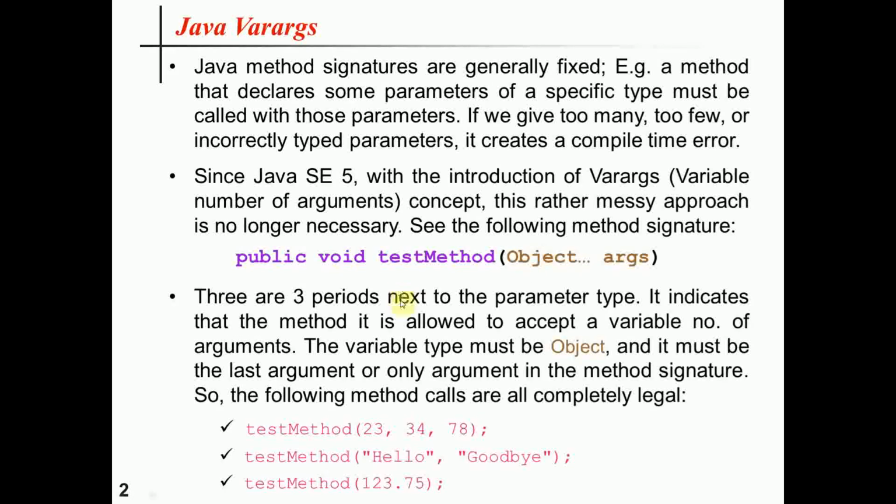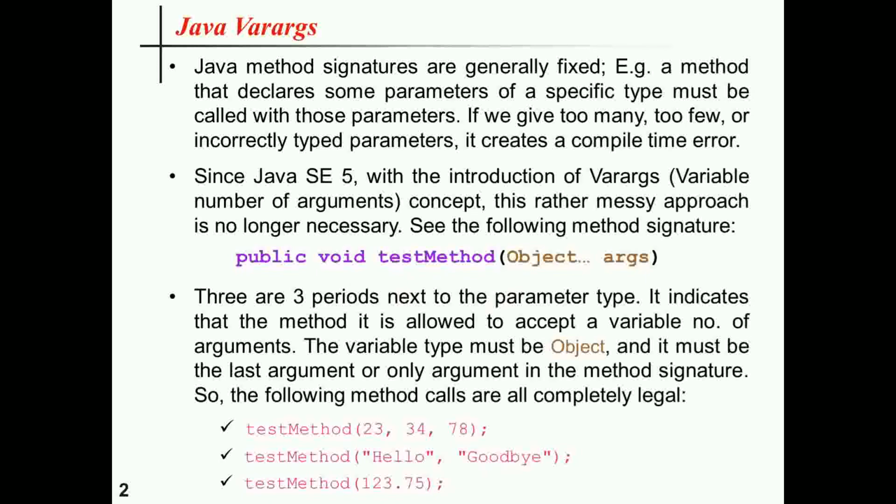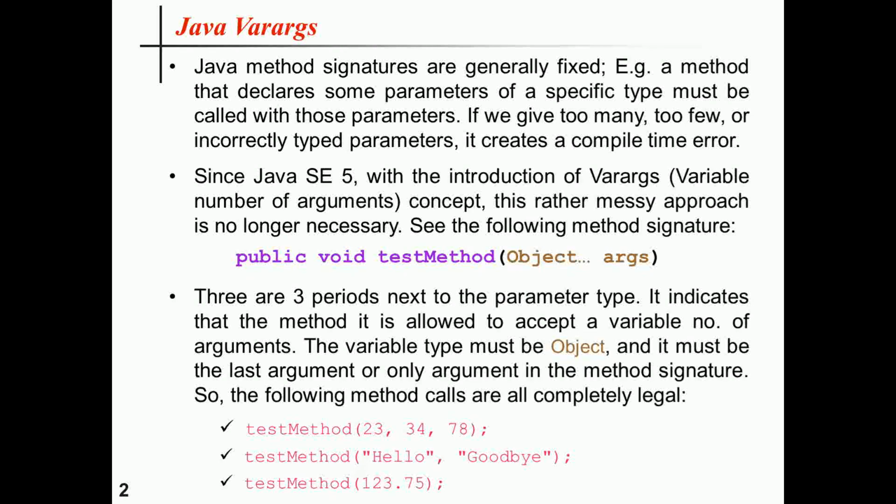All these conversions take place implicitly. It is not explicit typecasting, it is implicit typecasting, and that will be done automatically. So no need to worry about the type conversion process. In the last method call we have a floating point type argument, which is basically a double type. So it is again converted into the Object type. So that is the idea.